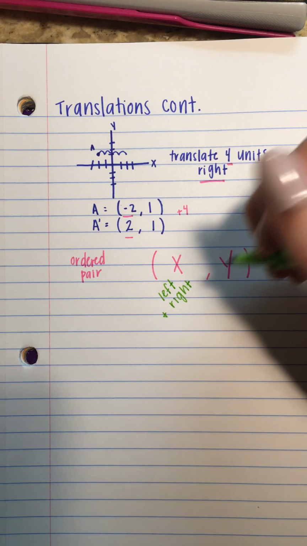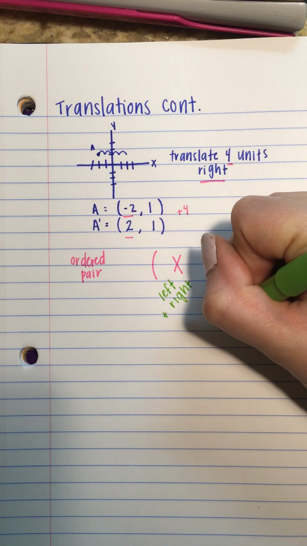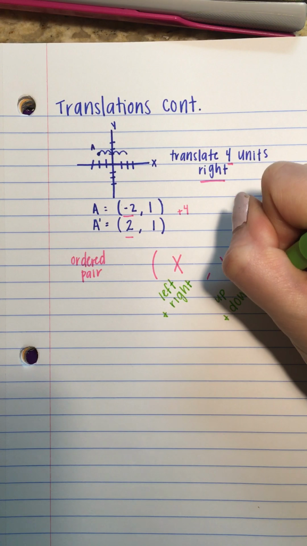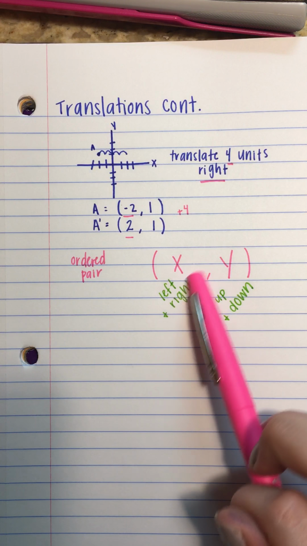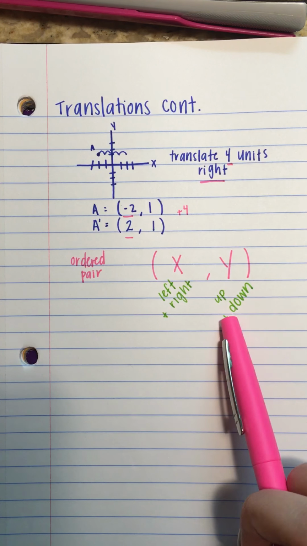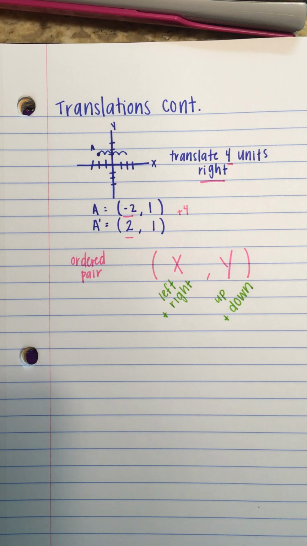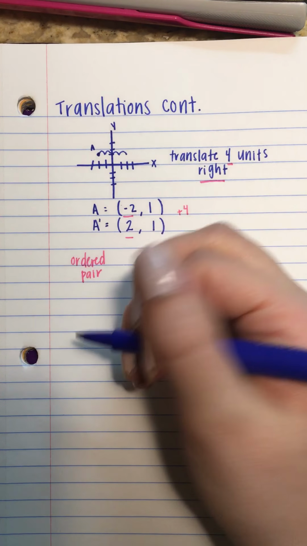Our Y's control up and down movement. So if you're translating left or right, that's going to affect your X. If you're translating up or down, that is going to affect your Y. And we'll do a couple of examples here.